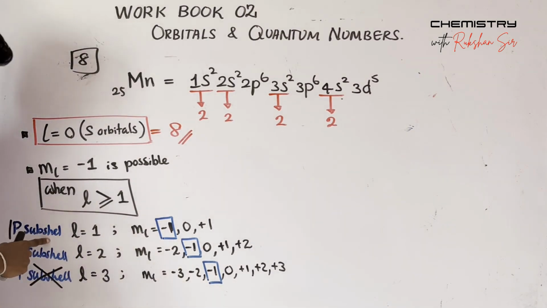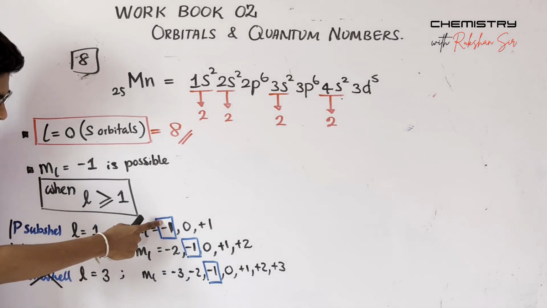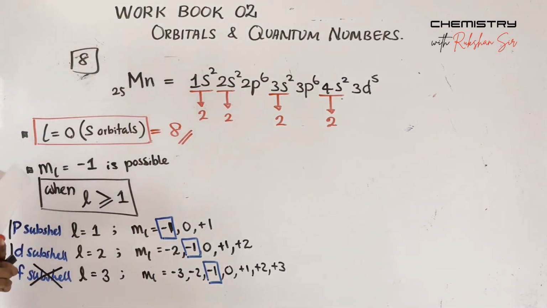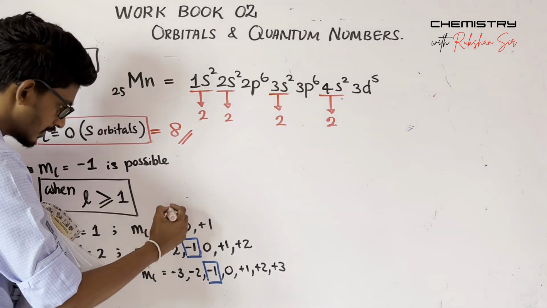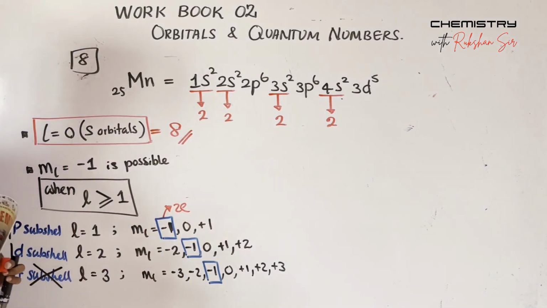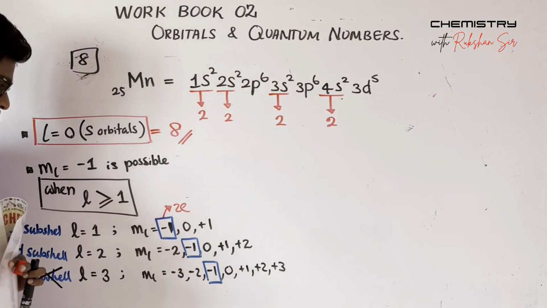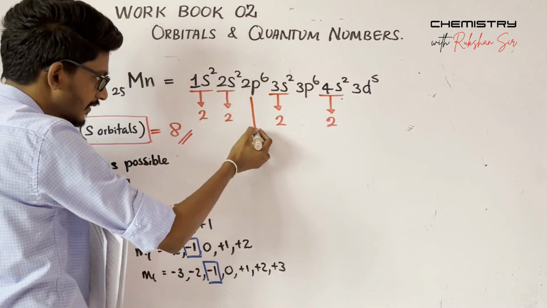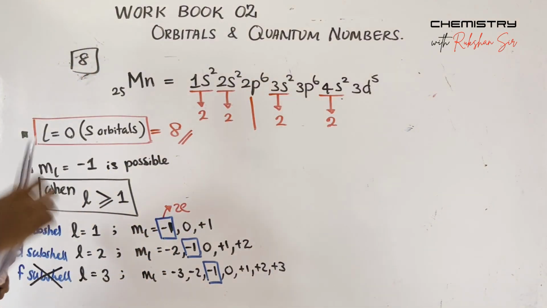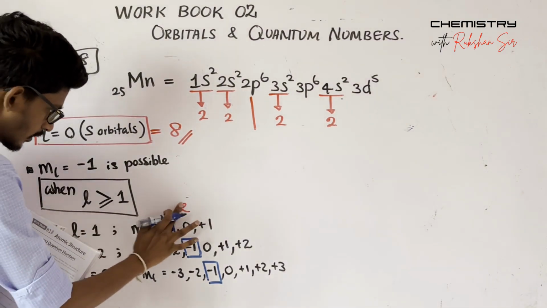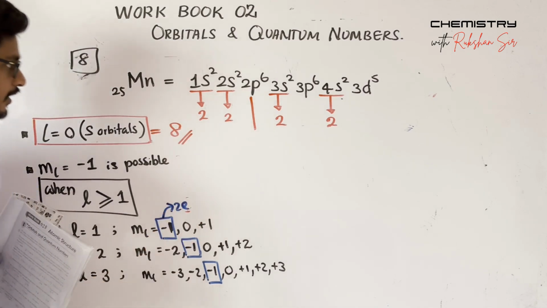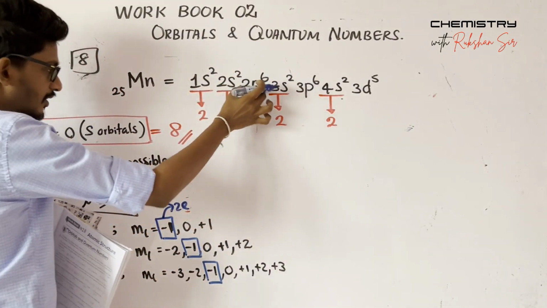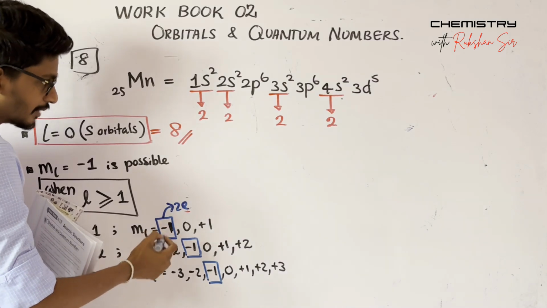With all the p subshells, you have only one Ml minus 1 orbital, so only 2 electrons appear there as a maximum. Even though you have 3 orbitals here, only one orbital represents the Ml minus 1.